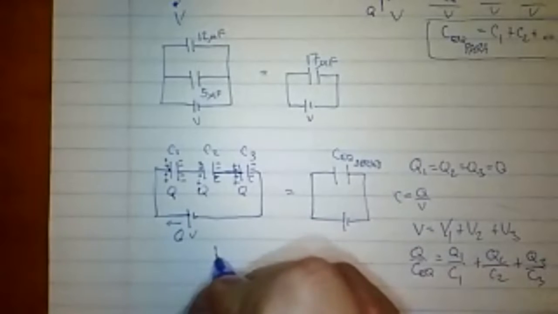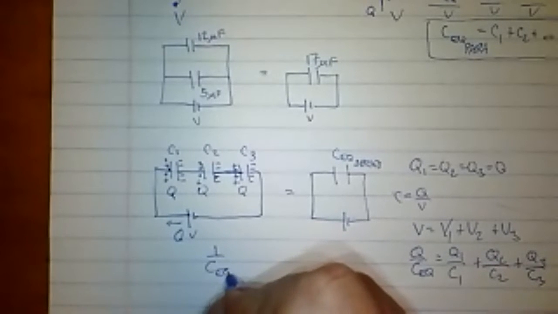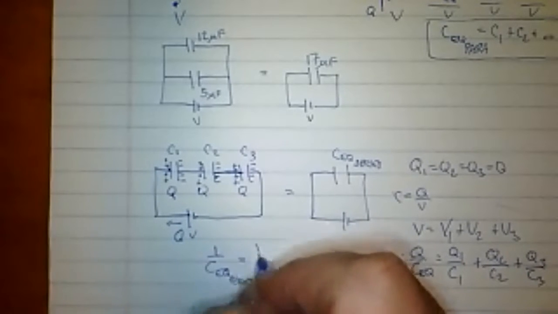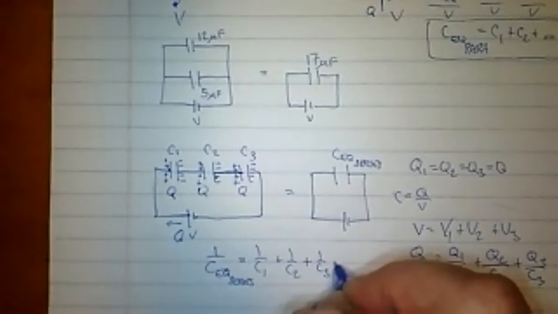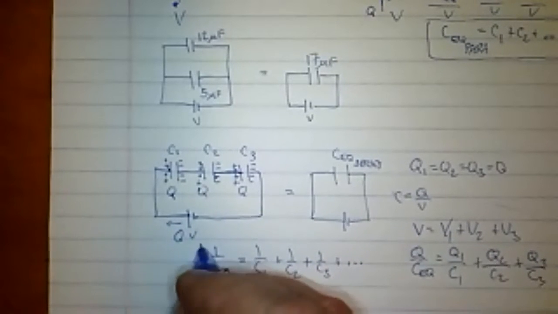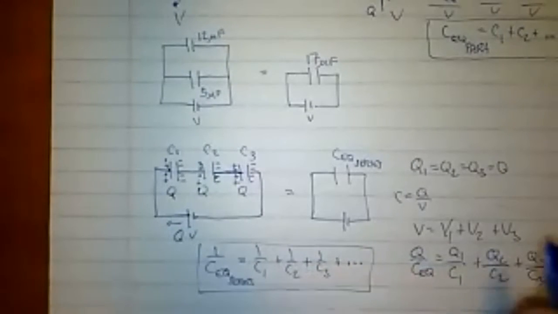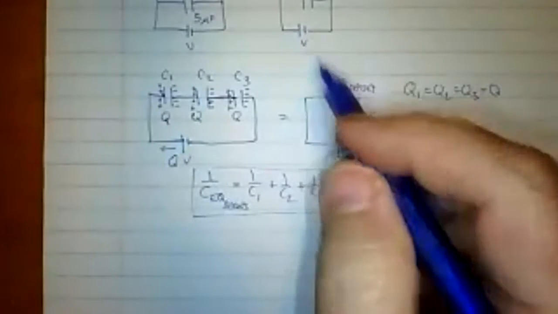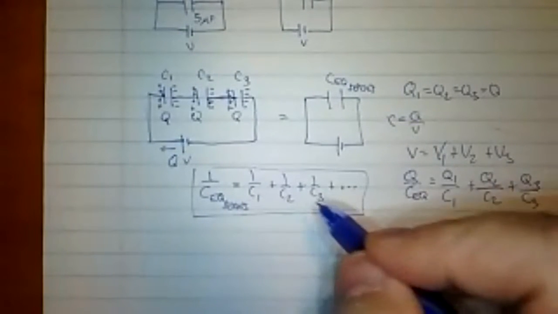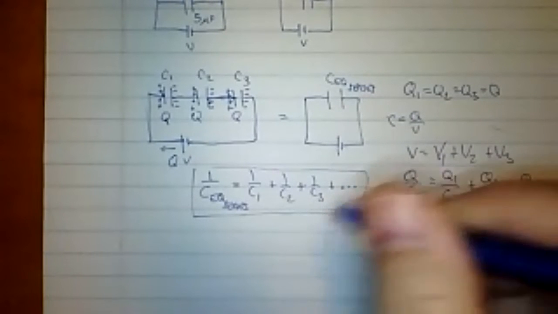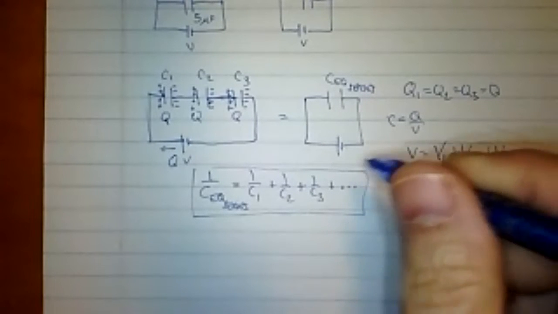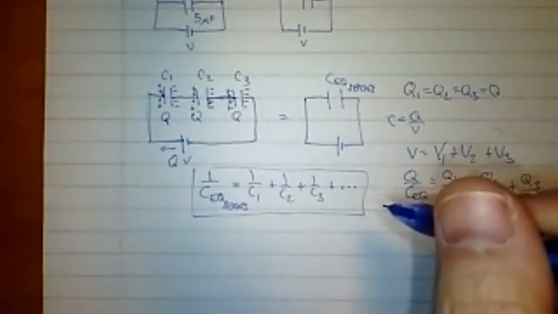So that just gives us that 1 over C equivalent series is equal to 1 over C1 plus 1 over C2 plus 1 over C3 plus and so on. So this is kind of neat. You see that putting them in parallel adds them, whereas this makes it such that if you put two capacitors in series, then the total capacitance is going to be less than either one of them.